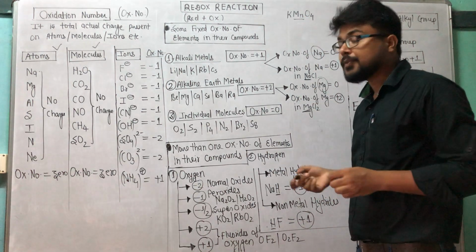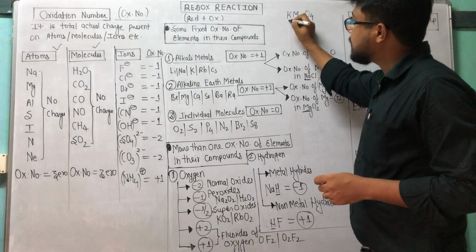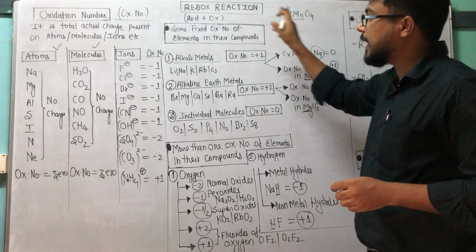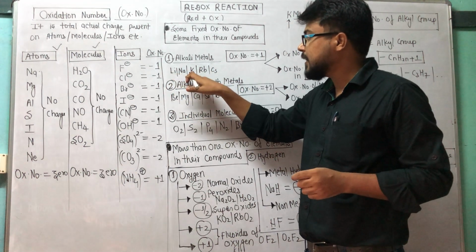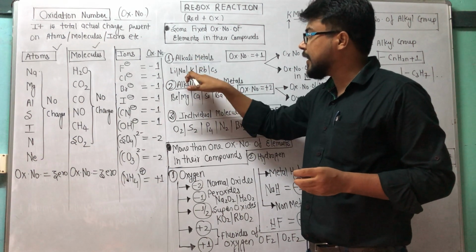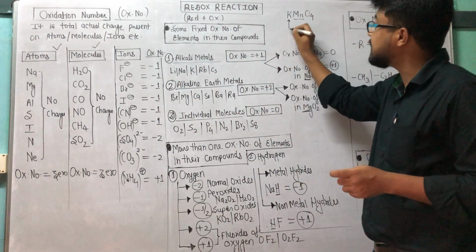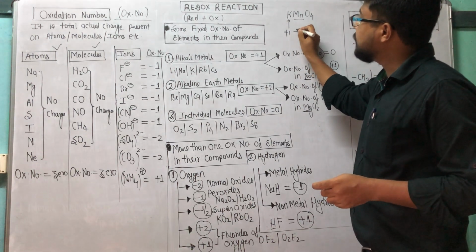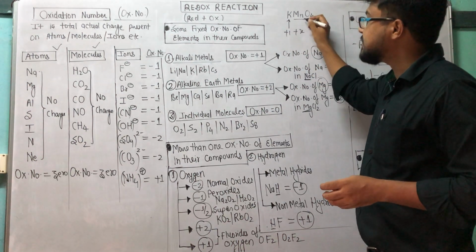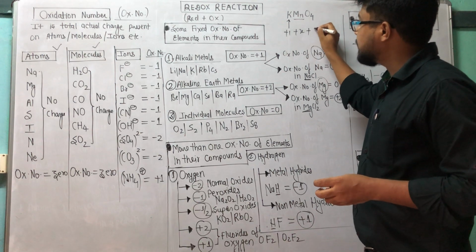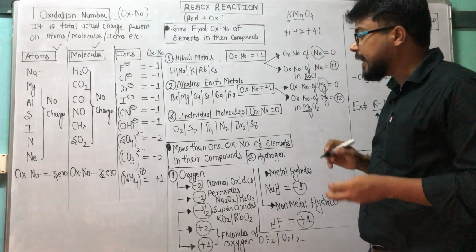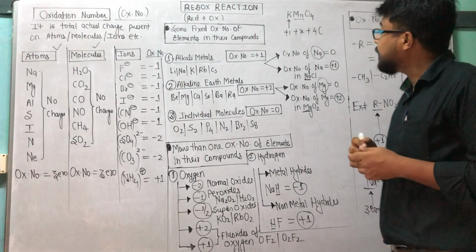I have knowledge about the oxidation number of K. K is an alkali metal, and alkali metal in compounds is fixed at +1. I have to calculate the oxidation number of manganese, so it is X. For oxygen, the number is 4, and again the oxidation number of oxygen.